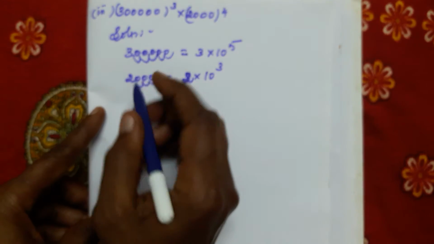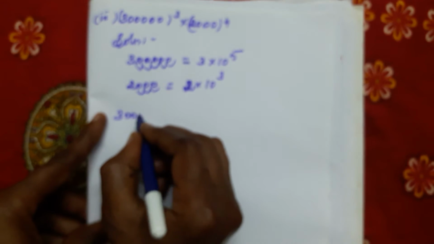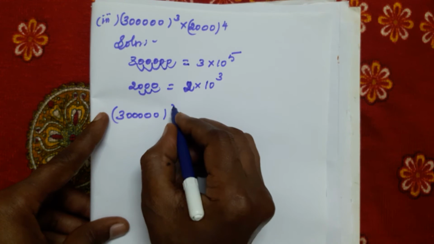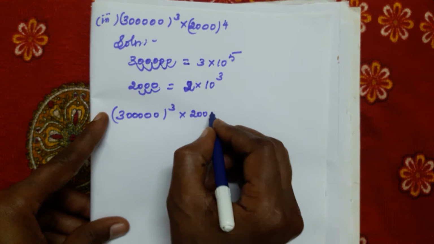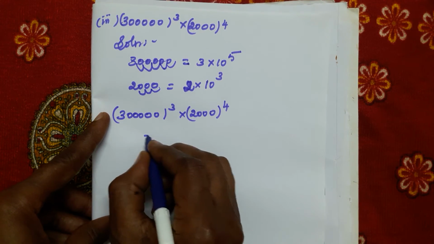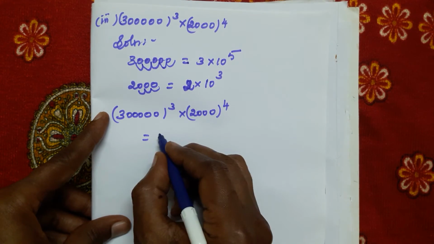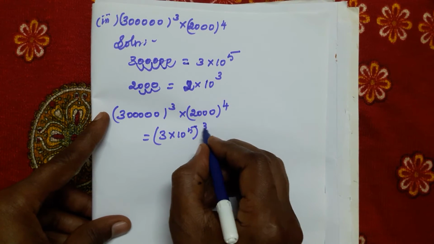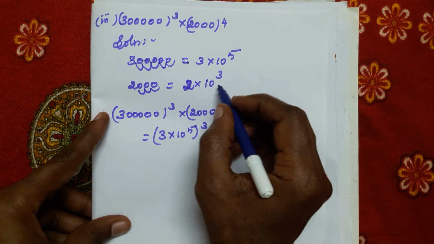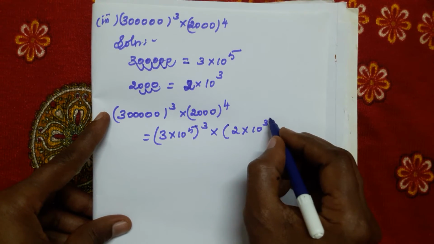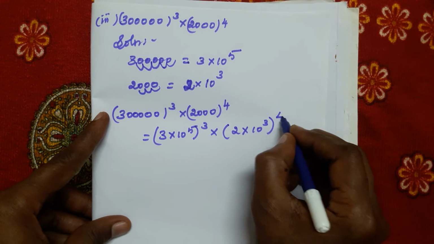Clear? Now I am writing the problem. 3 lakh the whole power 3 into 2000 the whole power 4 is equal to: 3 into 10 power 5, the whole power 3, into 2 into 10 power 3, the whole power 4.